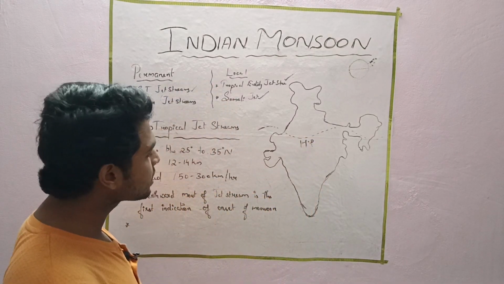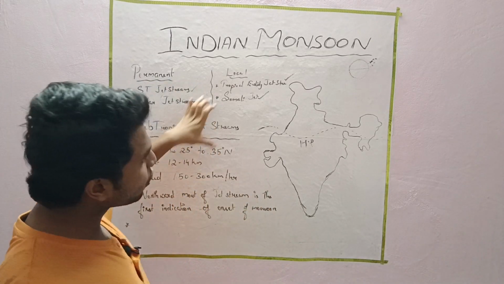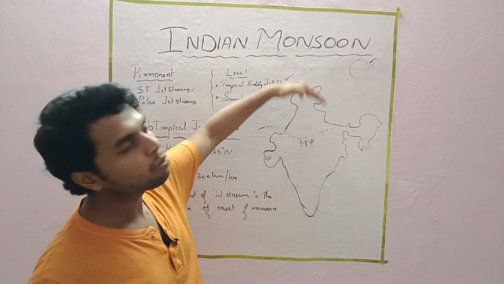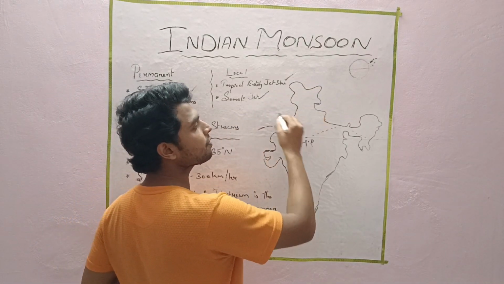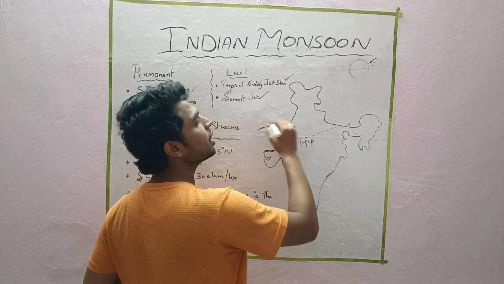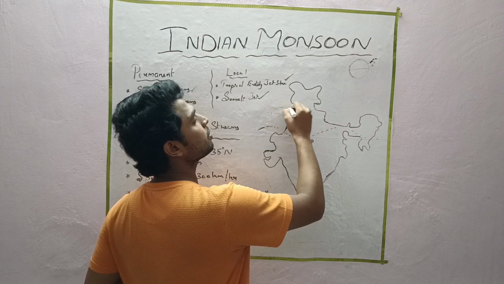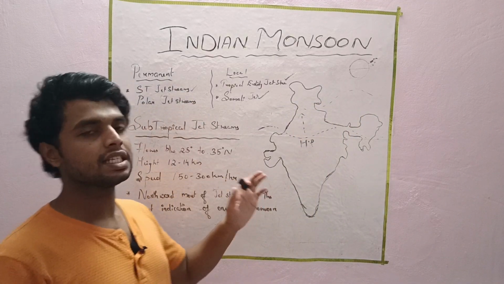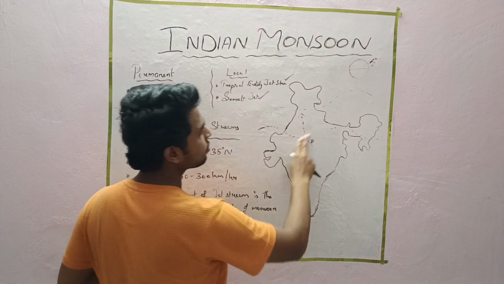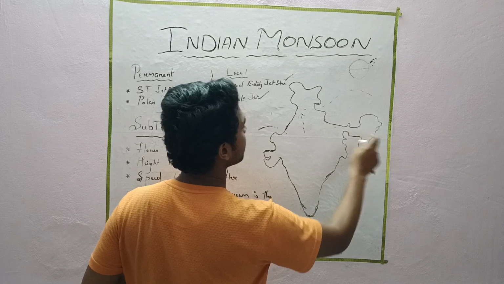But what happens is that, due to some reasons, the subtropical jet streams will move northward. Okay, the flow of the subtropical jet streams will be shifting northward. So it will be flowing like this. When this happens, see, now the subtropical jet streams are not here.